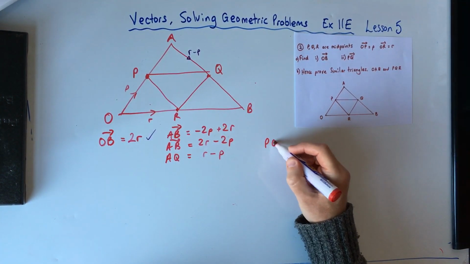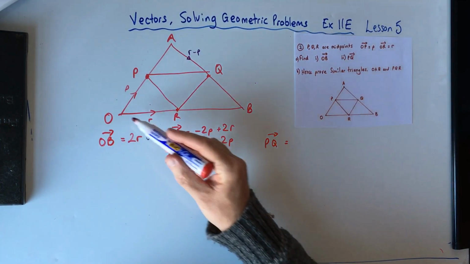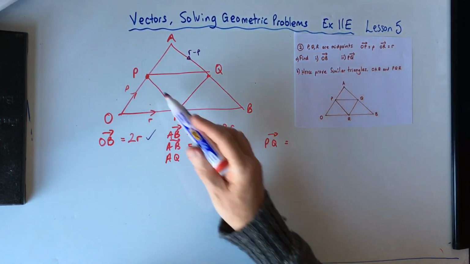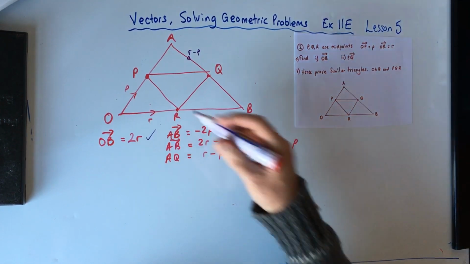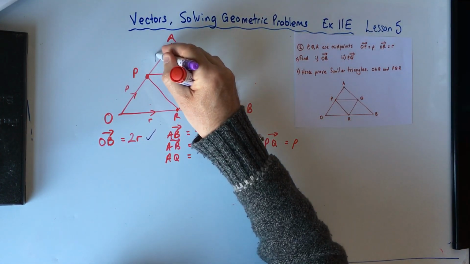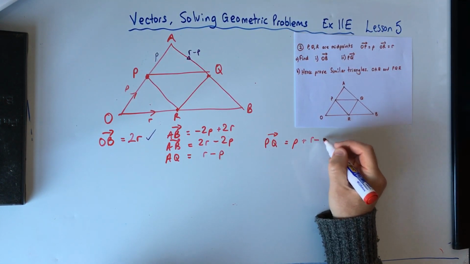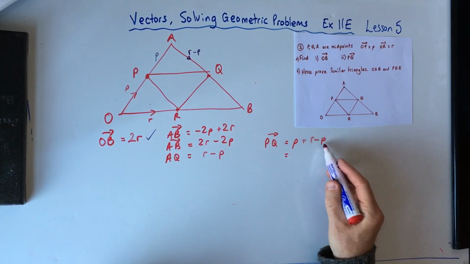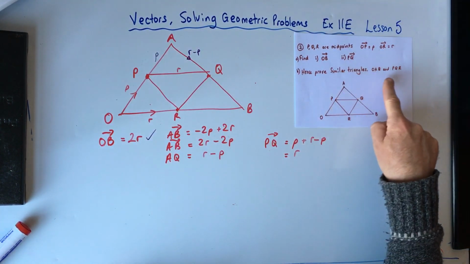From P to Q, I'm going to go up P, that's a P, and a P also there, plus R minus P, and P take away P is nothing, so it's just equal to R. So that is equal to R there. Okay, so we've got that, and we've got that, hence prove that they're similar triangles.